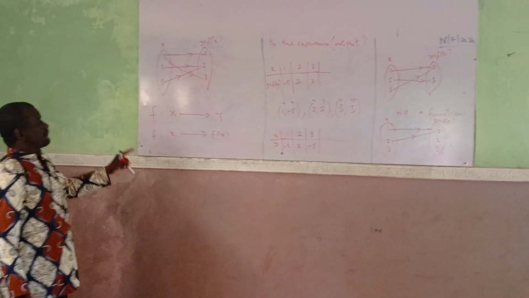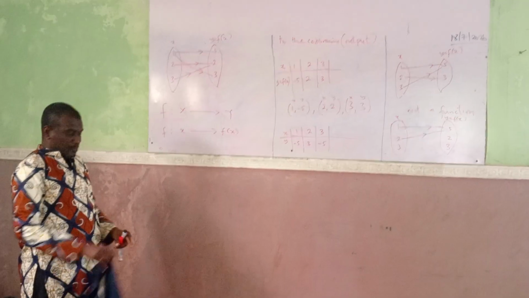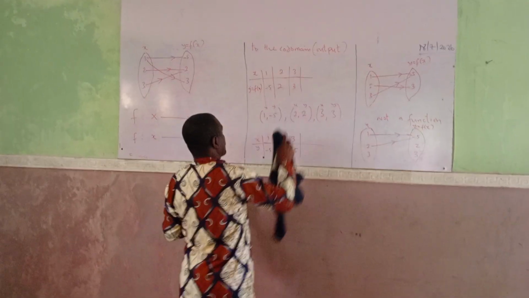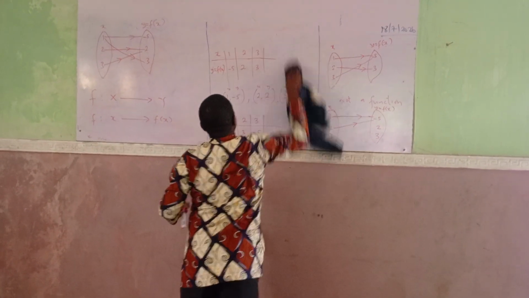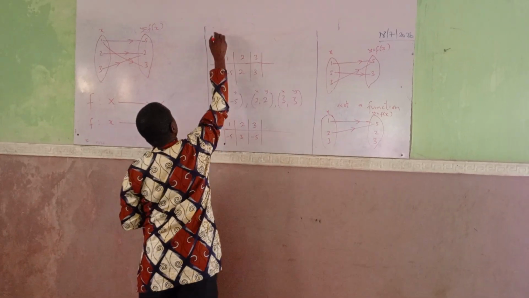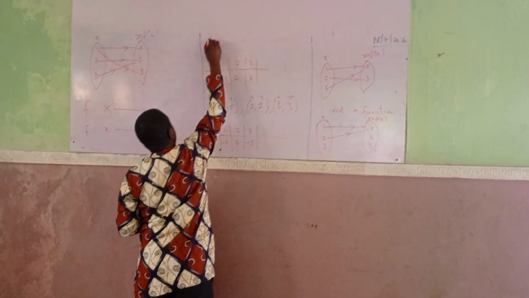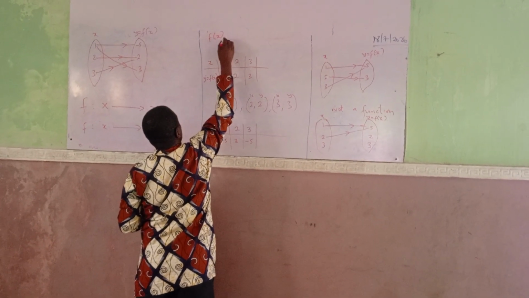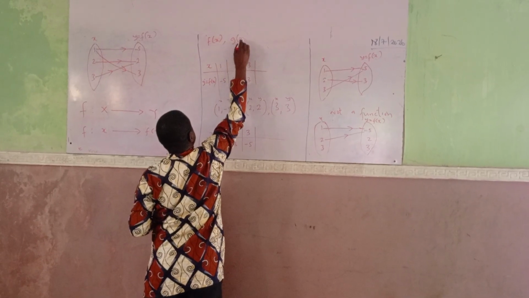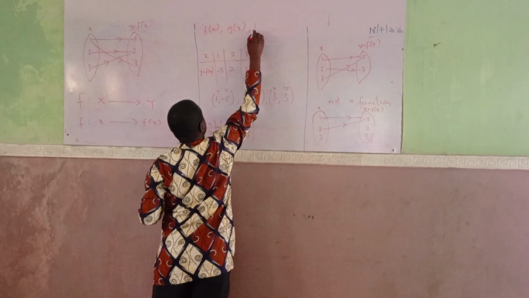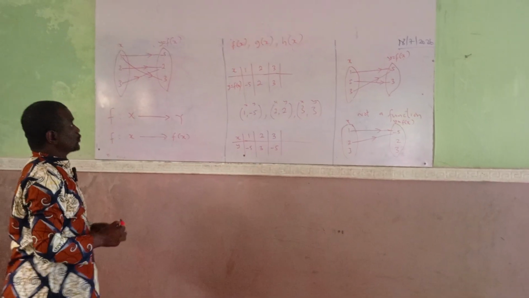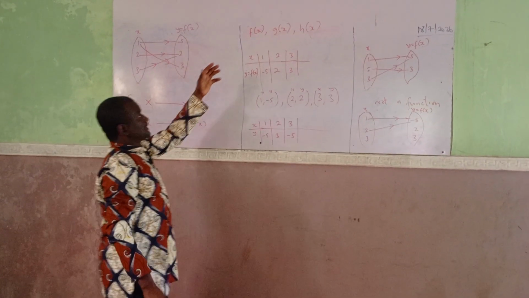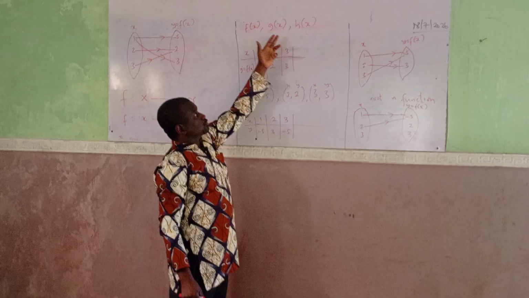Even though functions start with f, we can also have other symbols being used. Like if we have f of x, we can also have g of x, we can also have h of x. Is that okay? Yes. So these are symbols that can also be used.